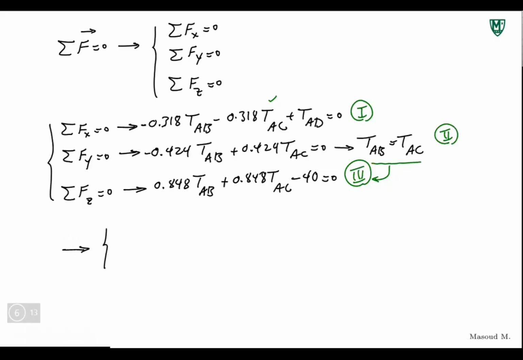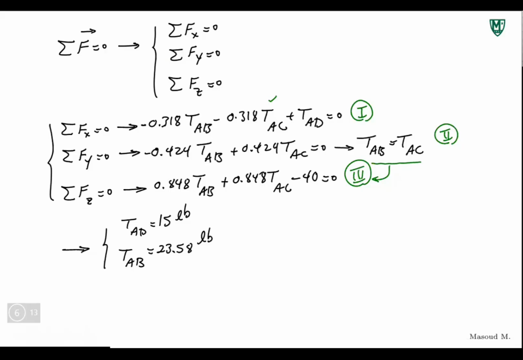So if you do that, I'll just give you the answer. TAD becomes 15 pounds and TAB becomes 23.58 pounds.